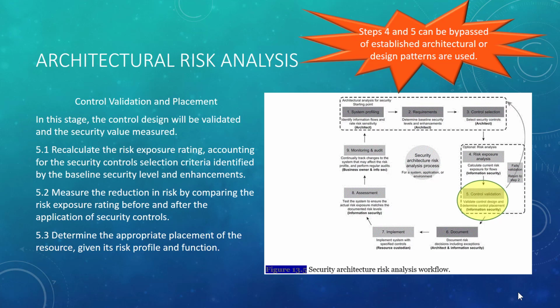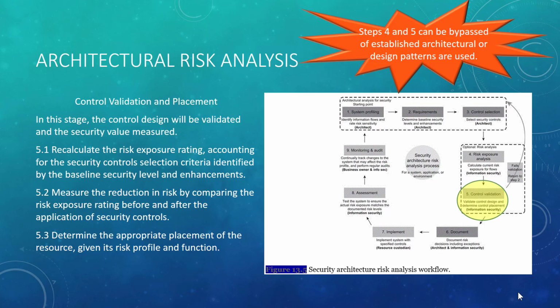From there, you're moving into control validation and placement. You may go back and, based on the information you gain through the risk analysis, recalculate based on the security control selection criteria identified by the baseline and enhancement requirements.